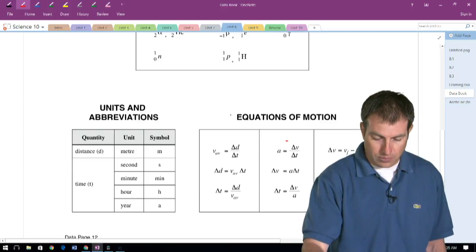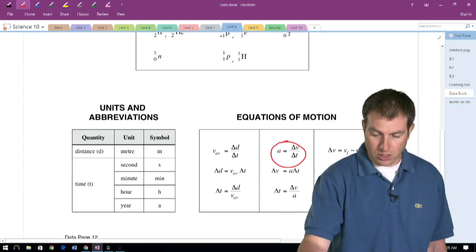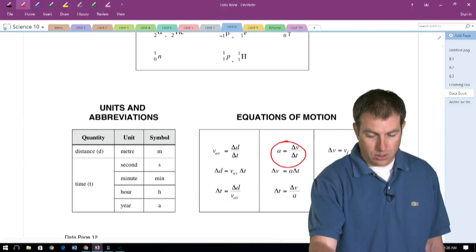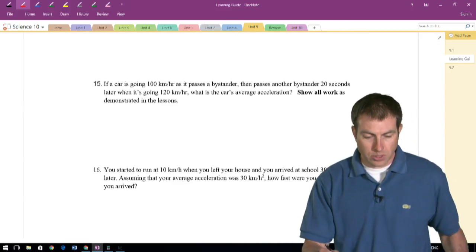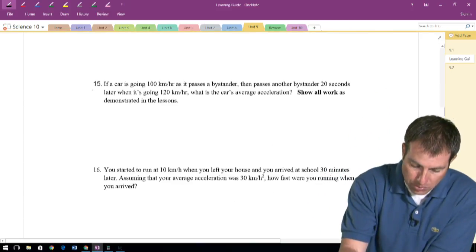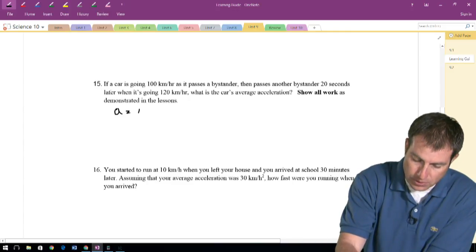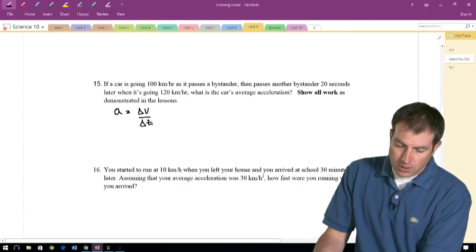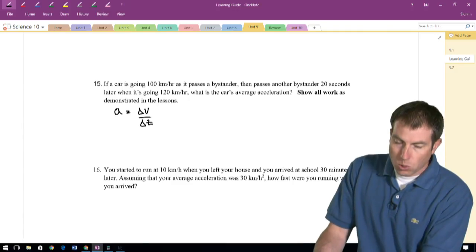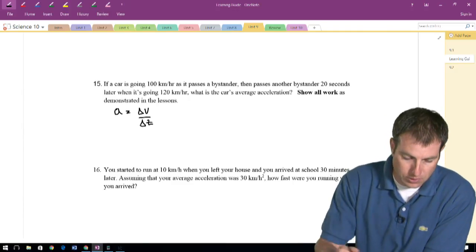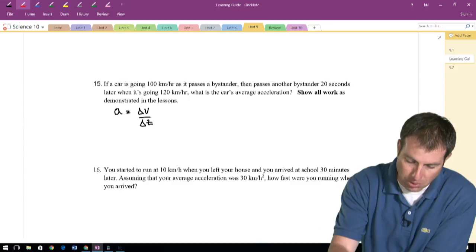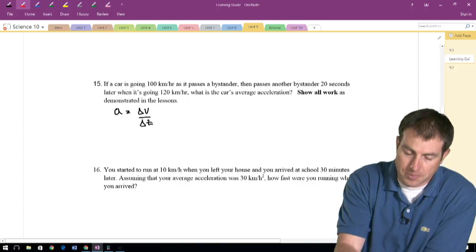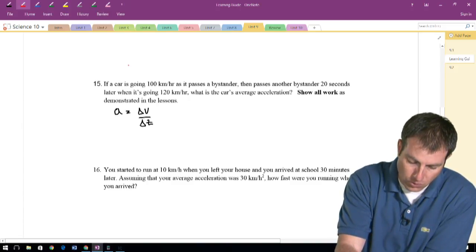So we're asked to find the acceleration, the average acceleration. So we're going to need acceleration's change in velocity over a change in time. I'm going to start by writing down my formula. Acceleration is a change in velocity divided by a change in time. Now, I guess the reason this question is kind of tricky, and this is probably why you brought it up, Kyla, is that we have units here.